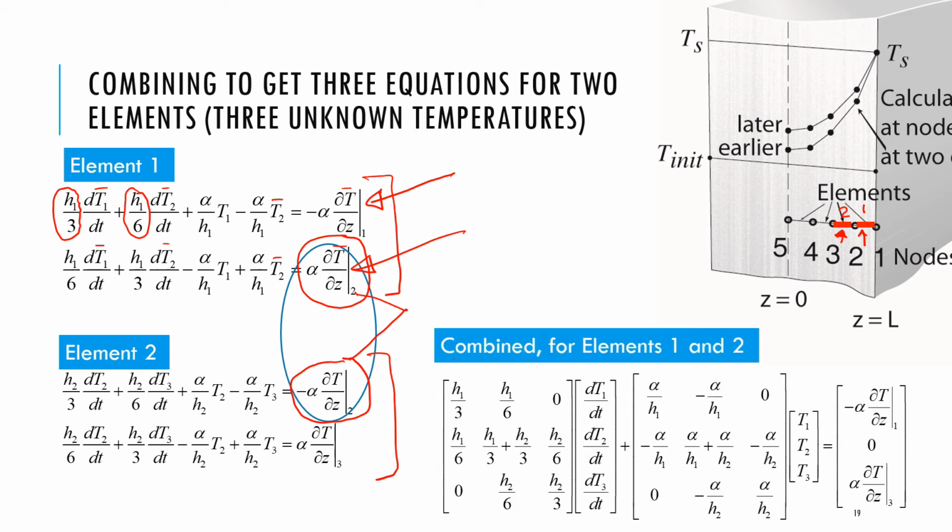So if we combine the two, then we get this equation where the middle one, because those two are added, becomes 0, and since these two equations are added, we have only three equations. The first one, the second one, which is these two added together, and the third one, and that's what gives me this 3 by 3 matrix with the three unknowns T1 bar, T2 bar, T3 bar.